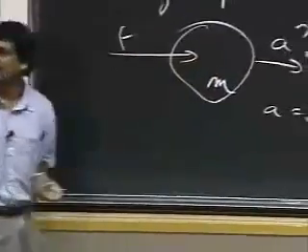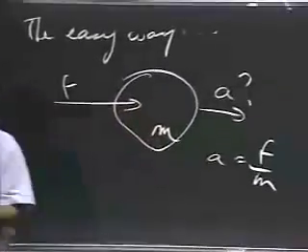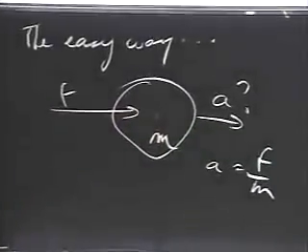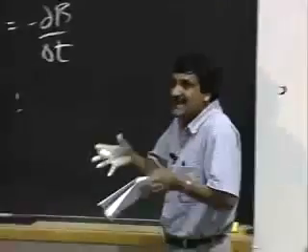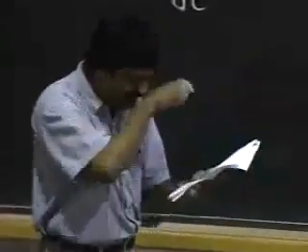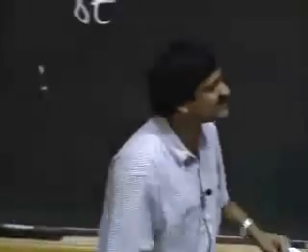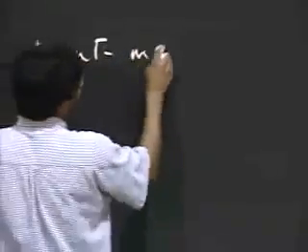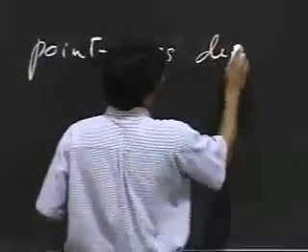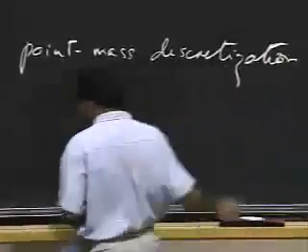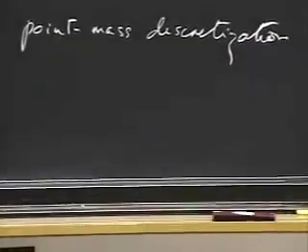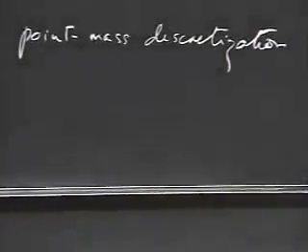In physics, you've done this before. You've simplified your lives by viewing objects as having a mass at a point and forces acting at that point. m is that property of the object that is of interest to you. This process is called, in physics, point mass discretization.